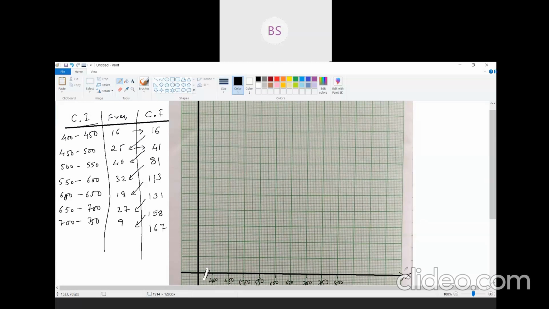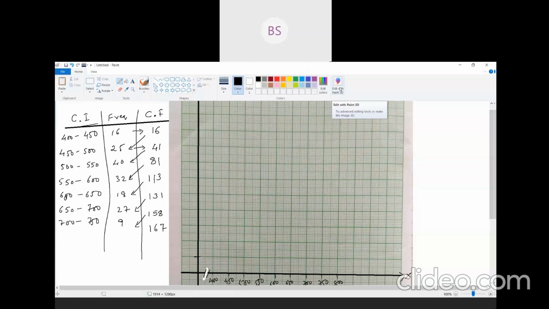Next, you can see the graph, right? Okay.